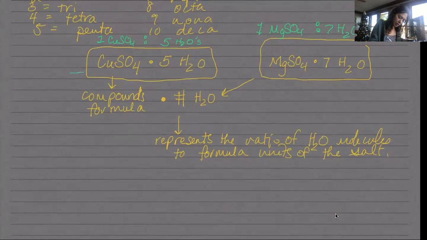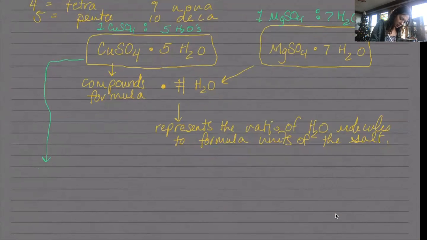Okay? Now, how do we name this? We were talking about that, but we didn't finish it. We're going to name the compounds. This is really easy. I'm making it too hard. So that here is copper. Copper needs a Roman numeral. Its charge was a 2, sulfate. And then we will use the appropriate prefix.